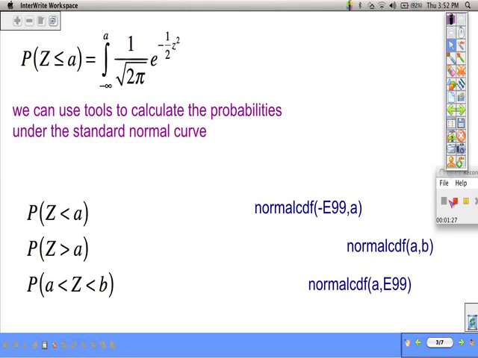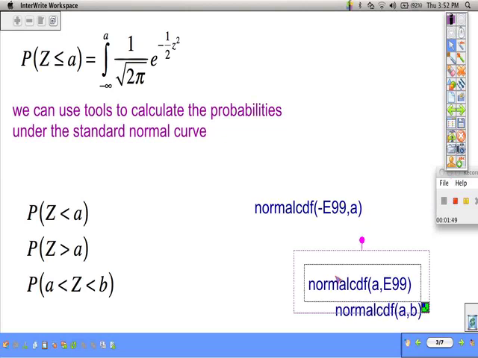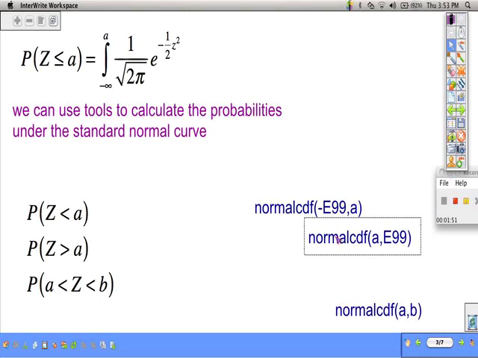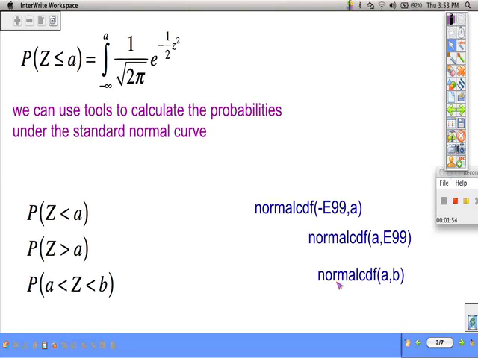So if we're looking for z less than a, we use normal CDF negative 1 times 10 to the 99th, comma a. If it's greater than a, normal CDF from a to b, oh, these are switched around, I'm sorry. Greater than a would be here, and if it's between two z-scores, a to b.